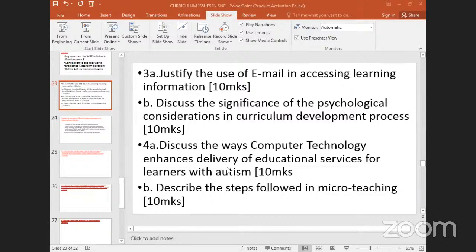Discuss this question 4. Discuss the ways computer technology enhances delivery of educational services for learners with autism.